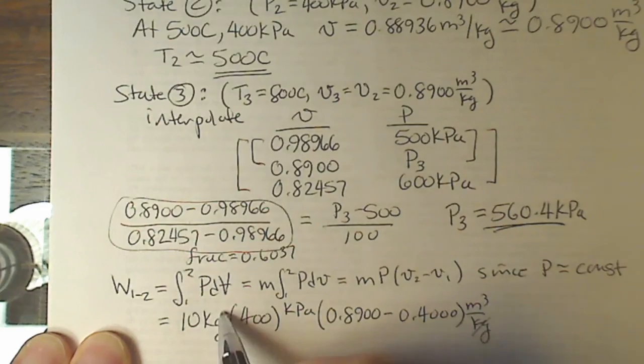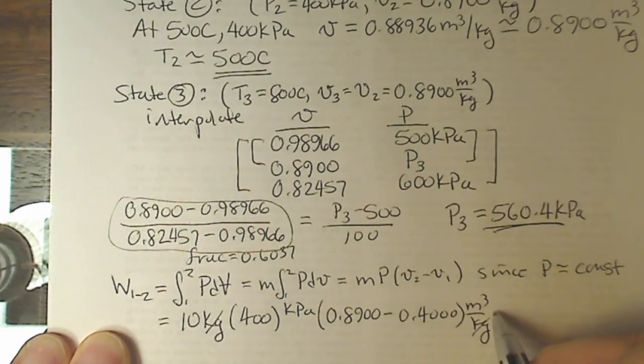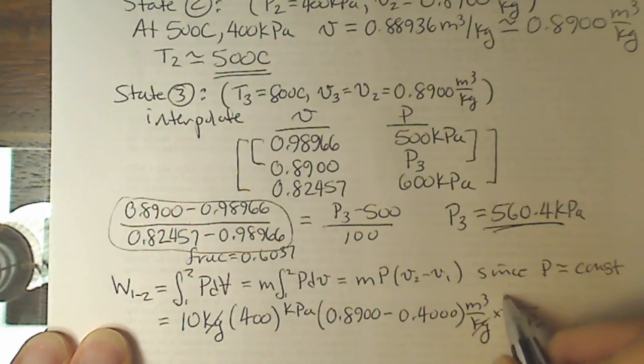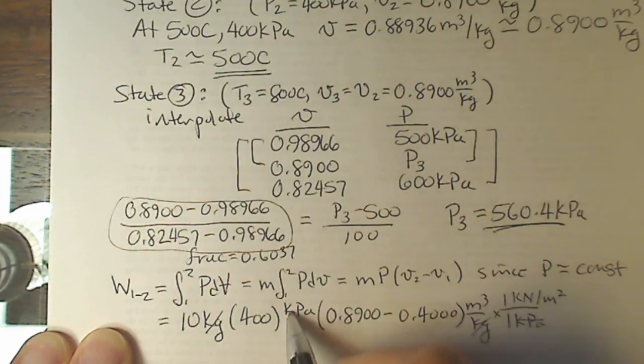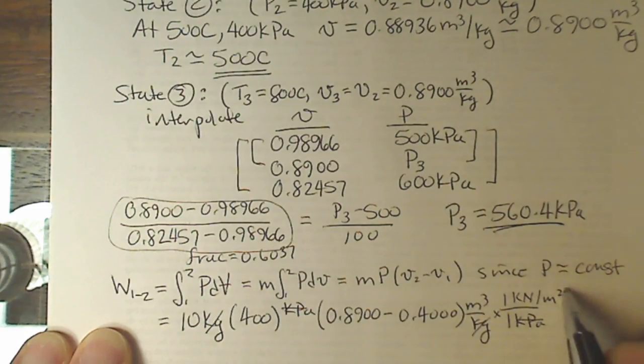And we need to be careful of the units here. The kilograms go away, which is great, but we've got kilopascals and meters cubed, so 1 kilopascal is 1 kilonewton per meter squared. And when I get rid of those, I find out that I end up with kilonewton meters, and 1 kilonewton meter is 1 kilojoule.